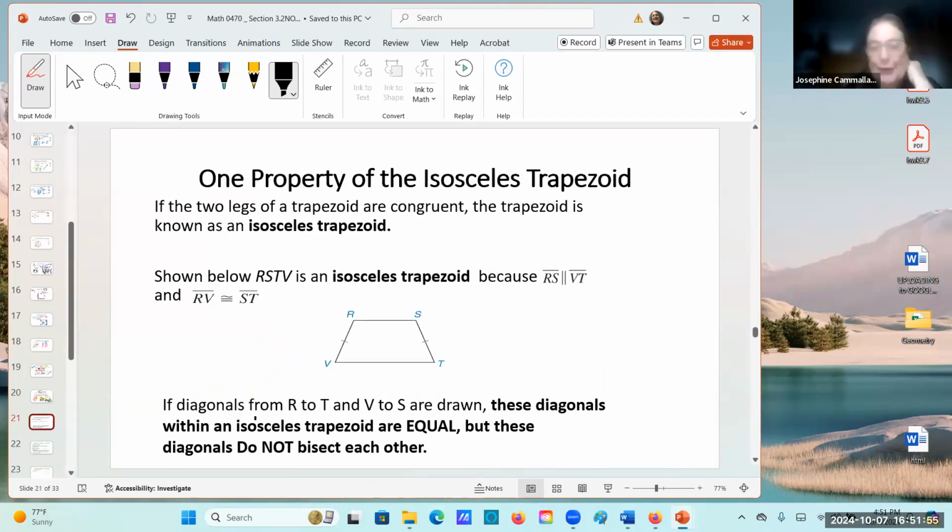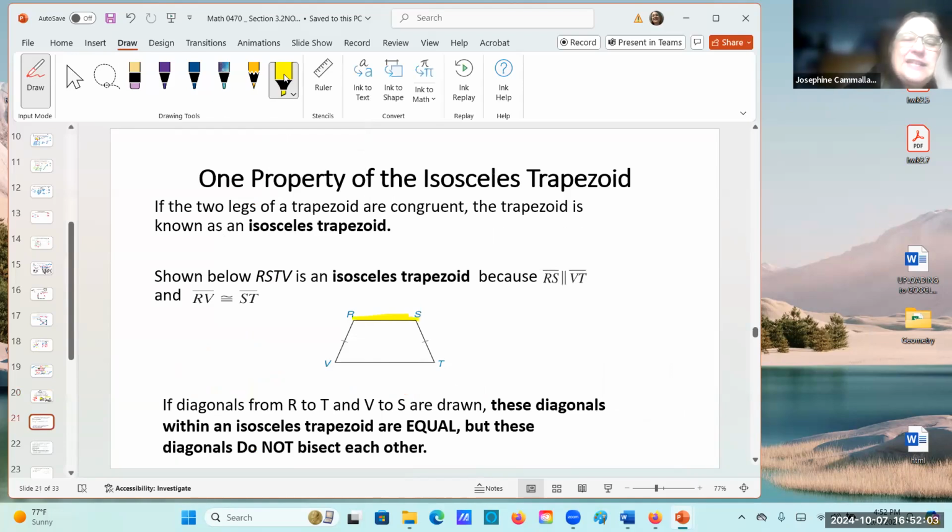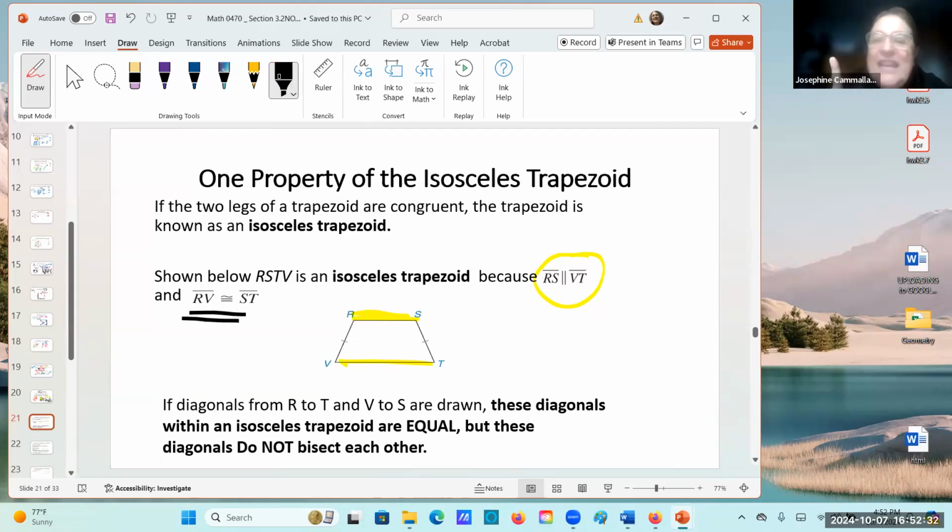Here is your third. First off, this base and this base are parallel. Notice, Christopher, only those two bases, R to S, V to T. But there's one little catch with this one. The diagonals are equal.